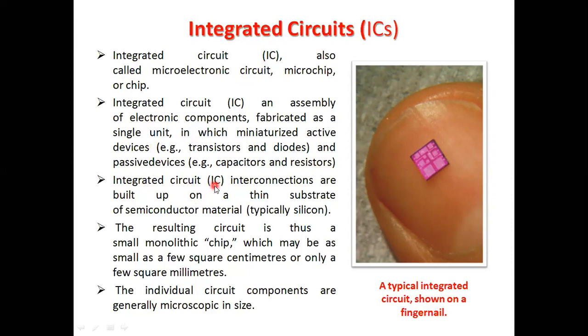IC interconnections are built up on a thin substrate of semiconductor material, typically silicon. The resulting circuit is thus a small monolithic chip which can be as small as a square centimeter or only a few square millimeters. The individual circuit components are generally microscopic in size.